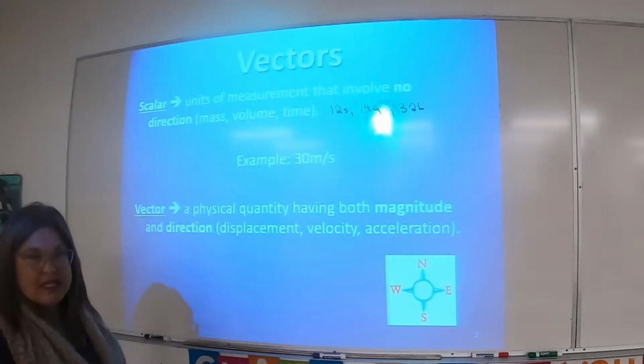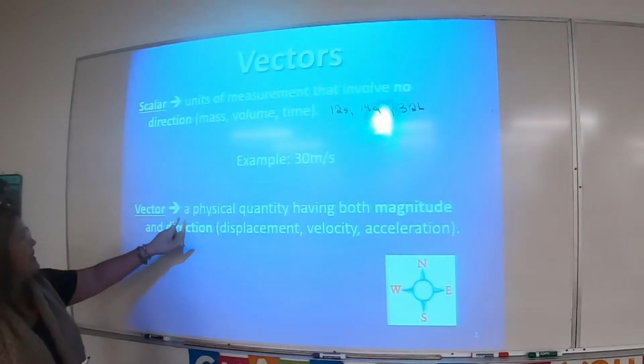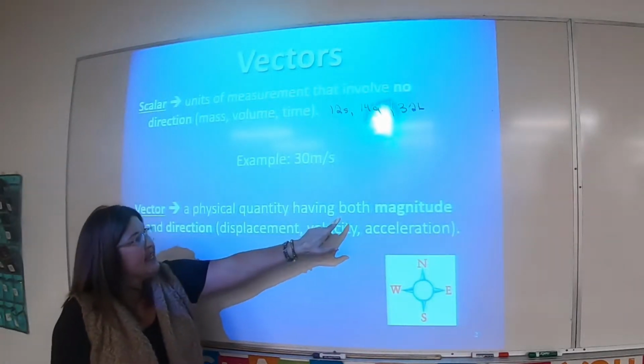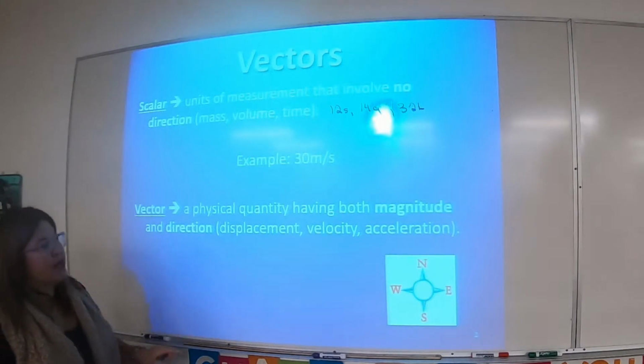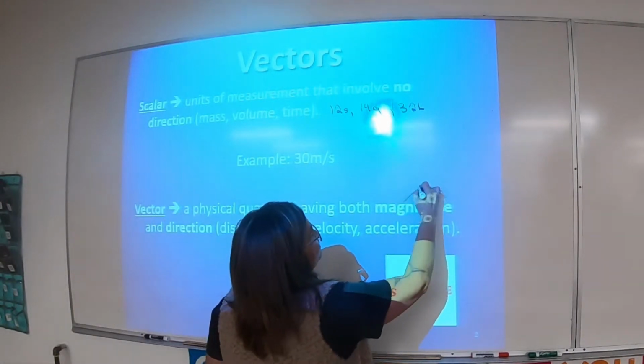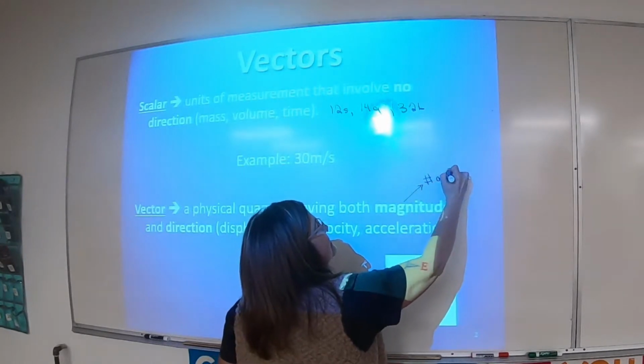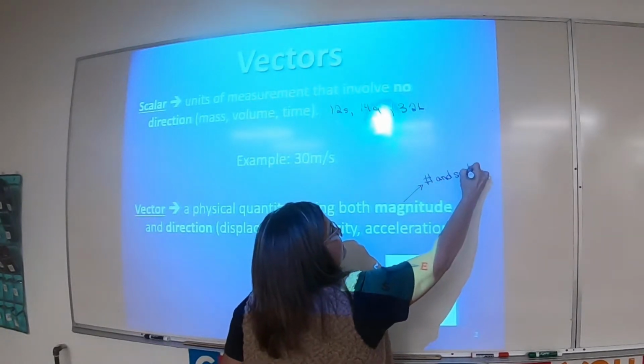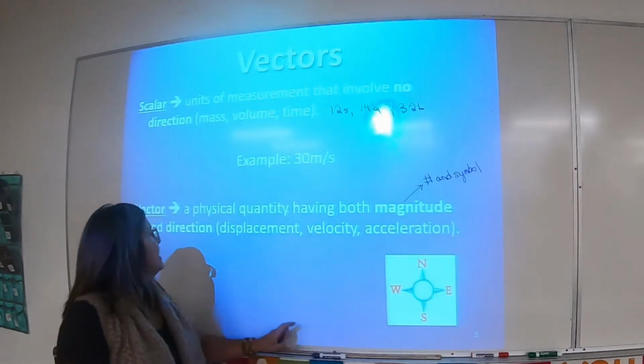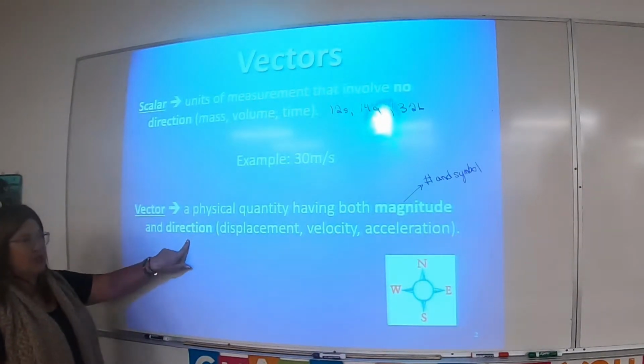A vector quantity has a direction. So it is a quantity that has magnitude and direction. And when we say magnitude, we mean it has a number and a symbol. That's your magnitude. And it also has a direction.